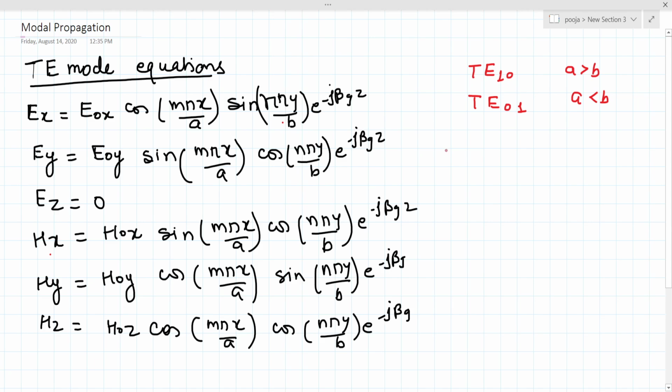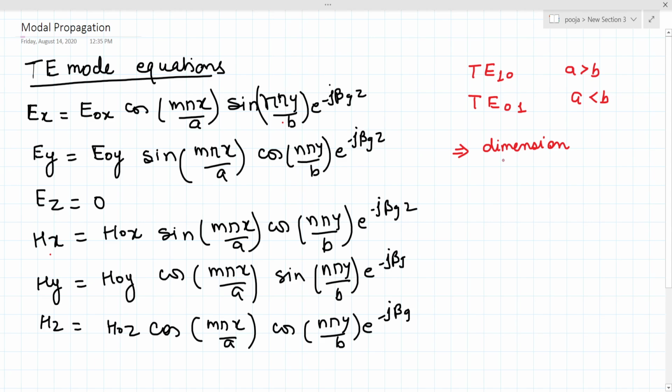This means the cutoff frequency decides the dominant mode, or the order in which the modes will enter the waveguide, and it depends on the dimension of the waveguide. If a is greater than b, the dominant mode is TE10, and if a is less than b, then TE01 is the dominant mode having the lowest cutoff frequency.